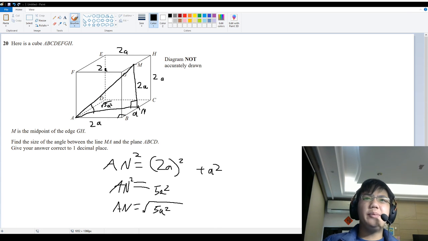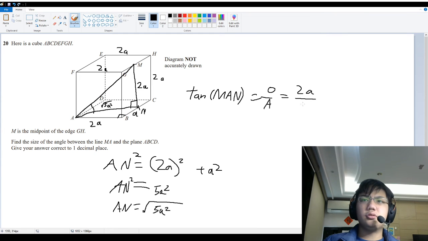So, using trigonometry, the tangent of angle MAN would be opposite over adjacent, which equals 2A over the square root of 5A squared.